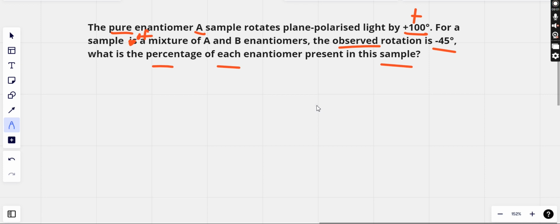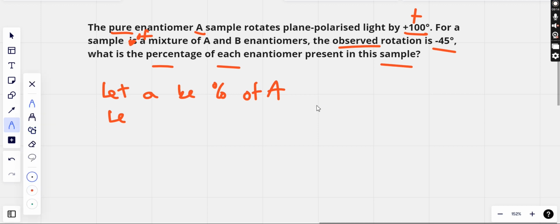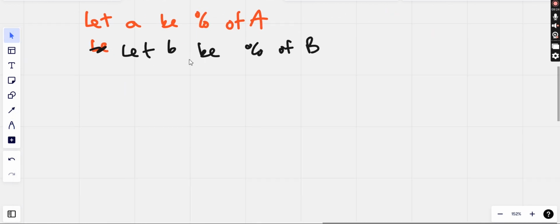Okay, so let's use algebra. Let small a be the percentage of A. Actually, I should use black instead, so I can annotate later. Let small b be the percentage of B.